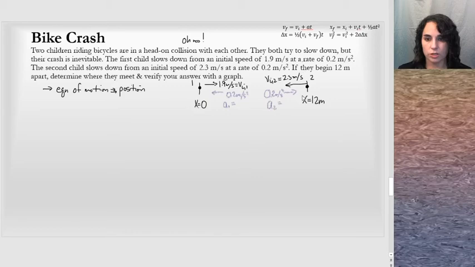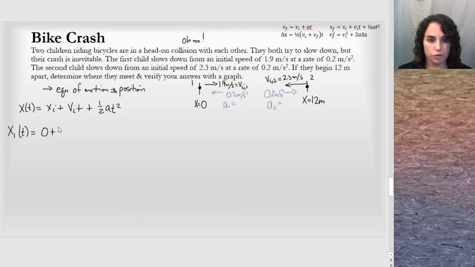Two different accelerations. We'll proceed to write out their positions, their equations of motion, x initial plus v initial t plus 1/2 at squared. We'll fill that information in for these two different children. So the position of child 1 as a function of time: that child starts at the initial position 0.